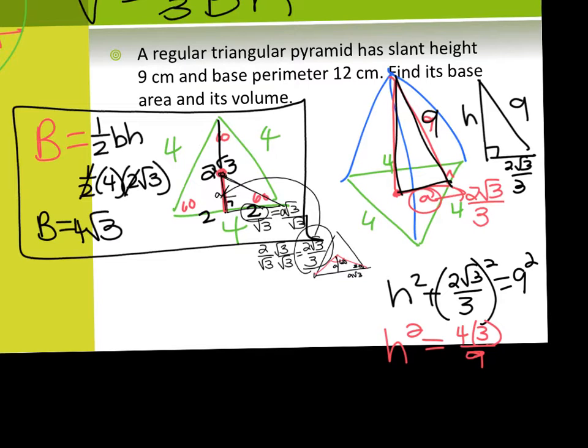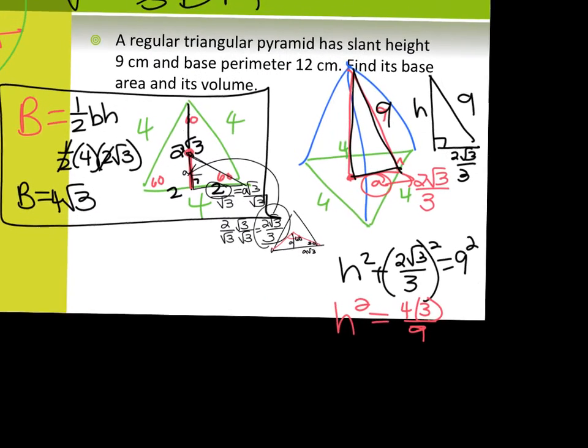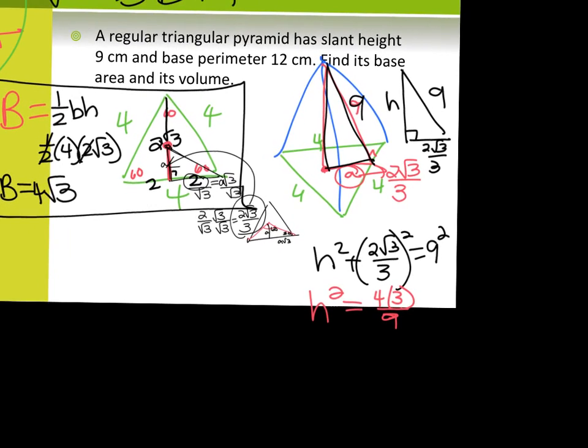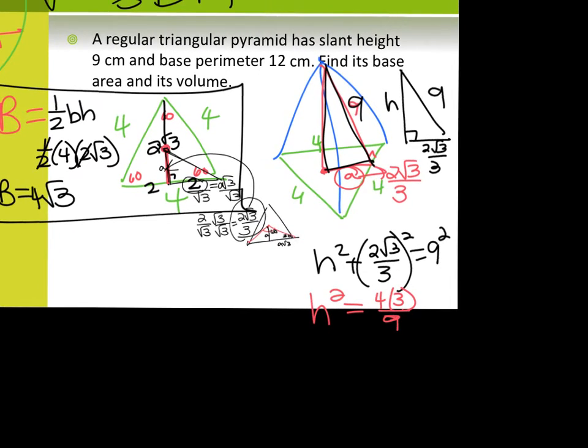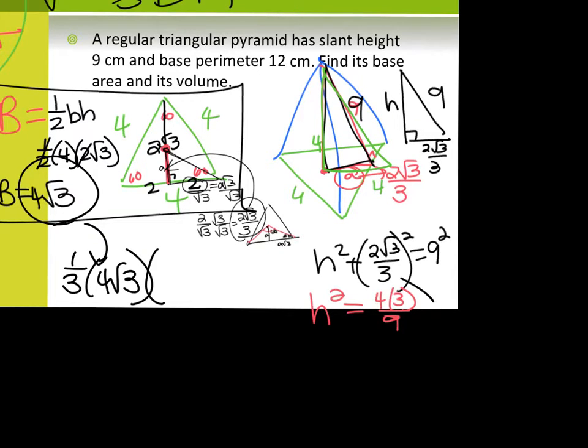Don't pack up yet. Hang on, because we haven't even done a cone one. All right, so once I find the height of this, once I complete this little triangle, and again, I'll work through it, then I would just do 1/3 times the base area, which we found here, times the height, which is what we're going to get over here, okay?